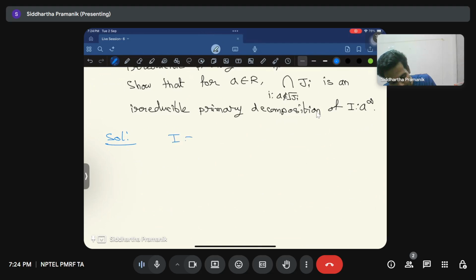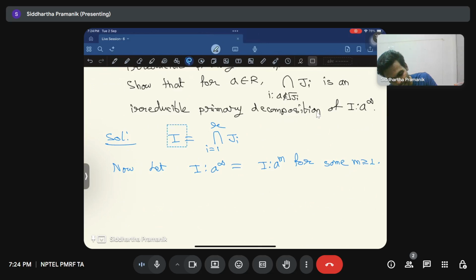I is the intersection of Ji, i equals 1 to r. Now let I colon a power infinity be the same as I colon a power m for some positive integer m. So let's take this part first.